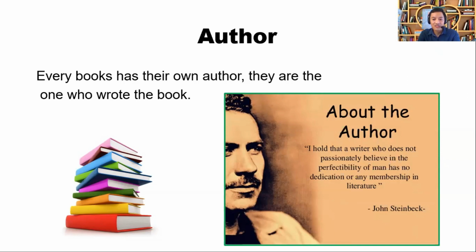I hope that a writer who does not passionately believe in the perfectibility of man has no dedication nor any membership in literature. Right, John Steinbeck. The author introduces himself or herself about the book that he has written.